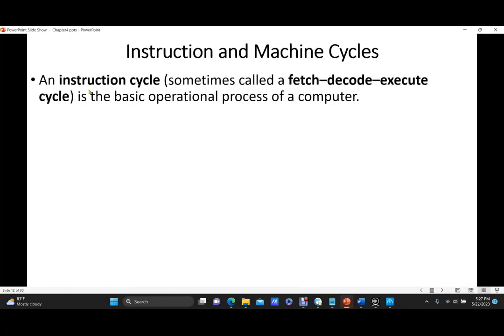An instruction cycle, or fetch, decode, execute cycle, is the basic elementary operational process for a computer.